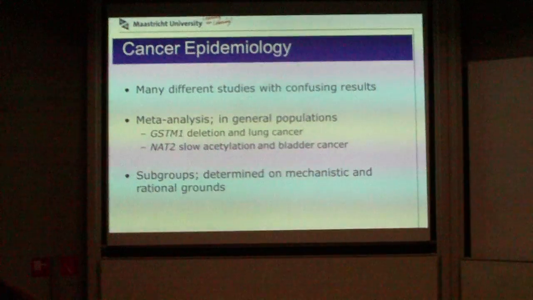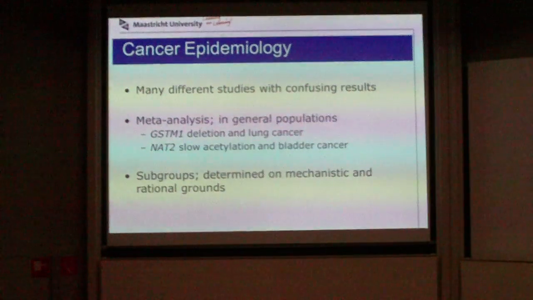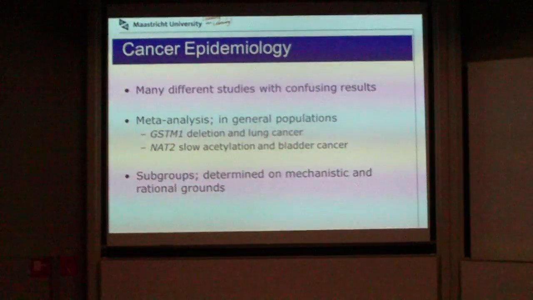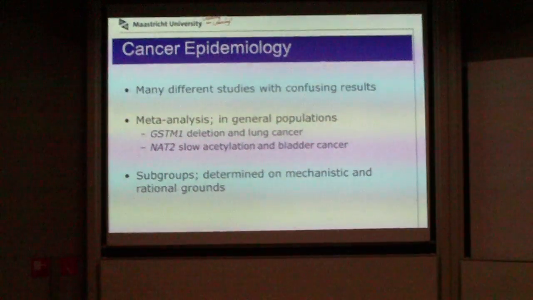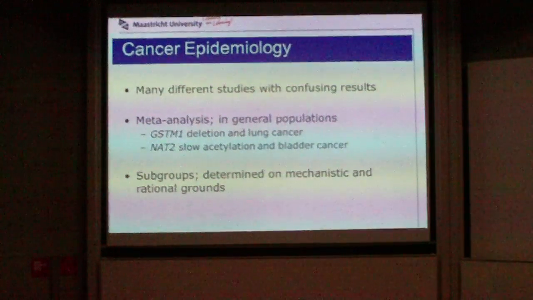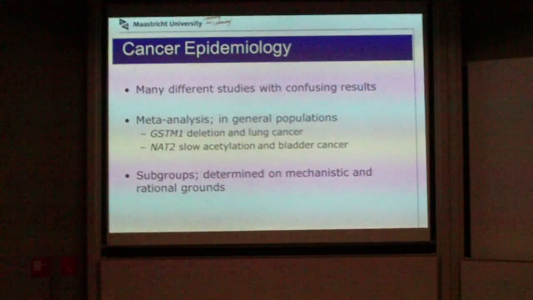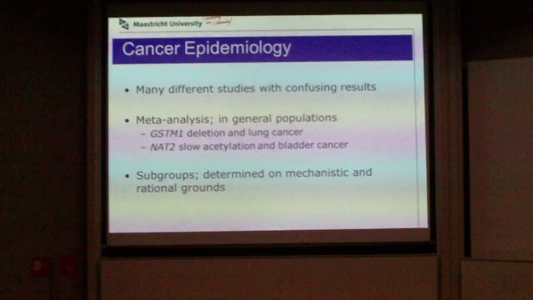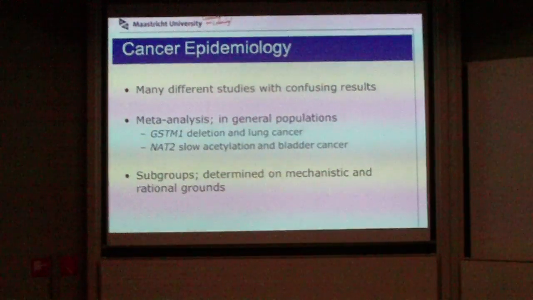Now, if you look at cancer epidemiology, so you look at cancer risk in relation to exposures in larger populations, you often see very confusing results. At one point you read this is very bad for you, and then another study in another population does not show a clear correlation. That may be just because these epidemiological studies usually don't have molecular biomarkers.